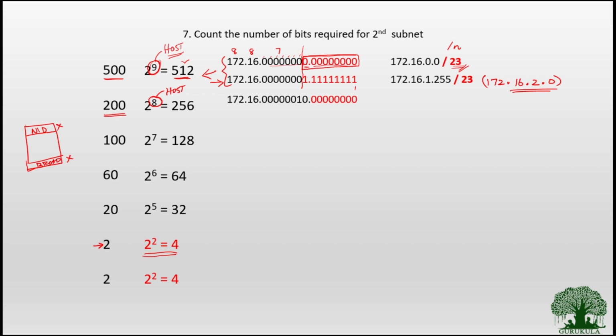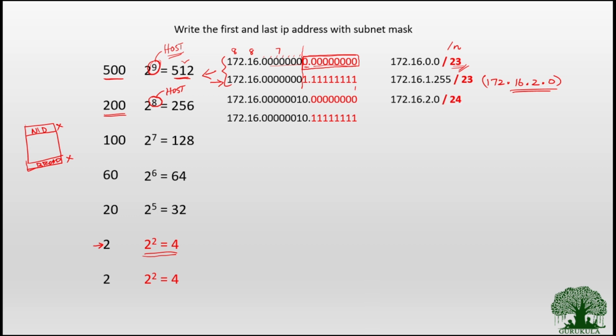So I will keep the network part constant, which means the black color part has to be kept constant, and the red color part has to be varied up to the last number, which means all ones. So my IP address block will vary from all zeros to all ones. You can observe that the red color is varying from all zeros to all ones.